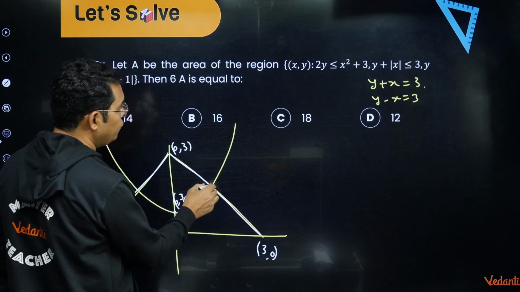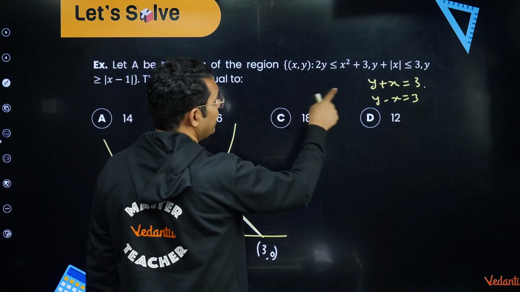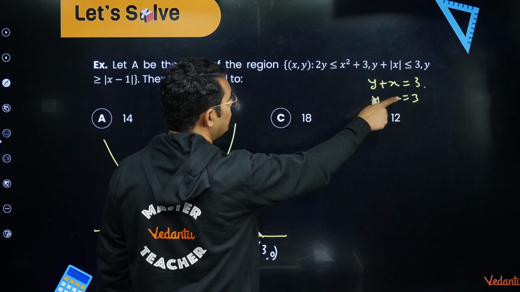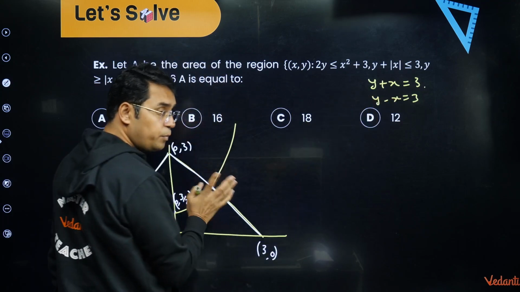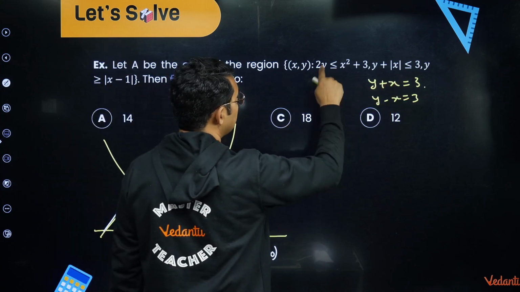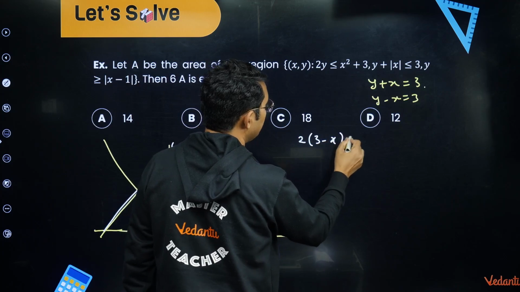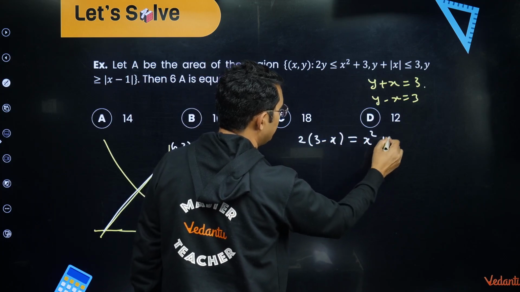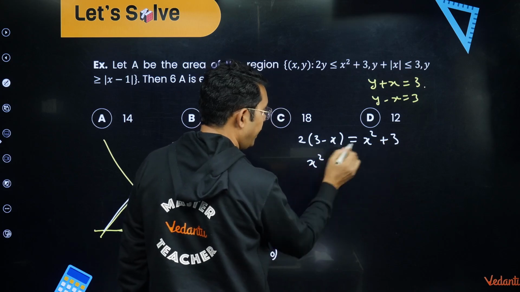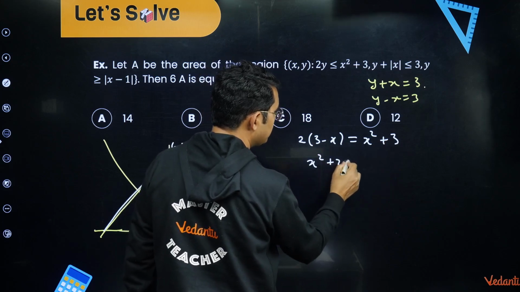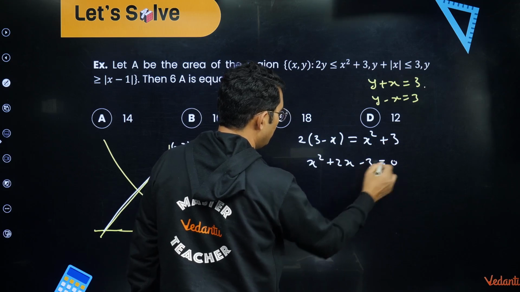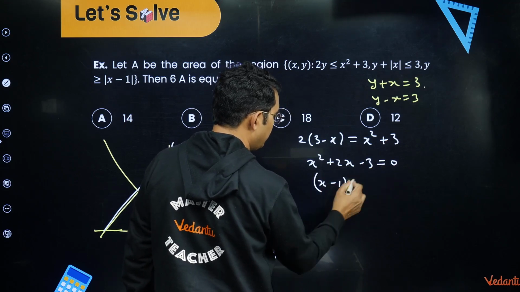Okay, now to find this point, what I will be doing, for the positive side, I will put y is equal to 3 minus x here. So 2 times 3 minus x is equal to x square plus 3. So we will get a quadratic x square plus 2x minus 3 equal to 0. So I think x equal to 1 is one of the solutions.